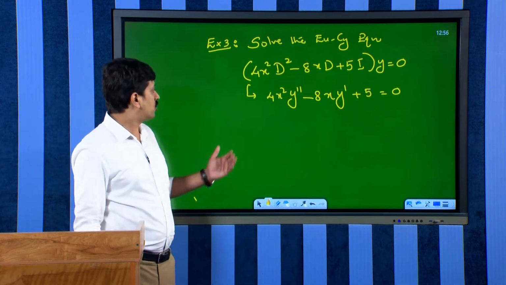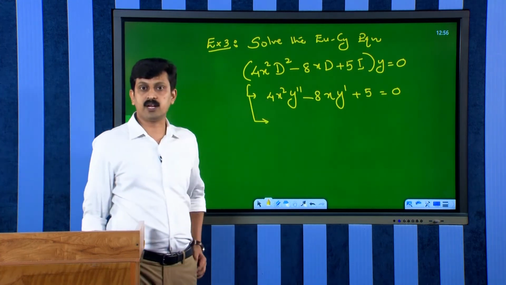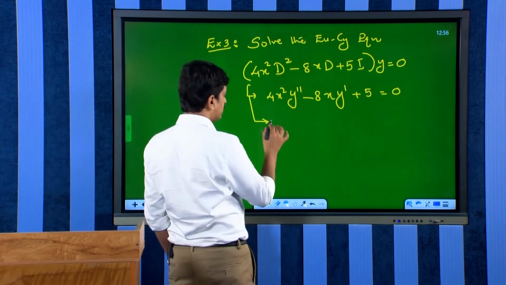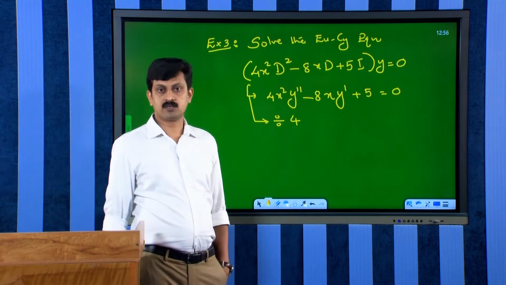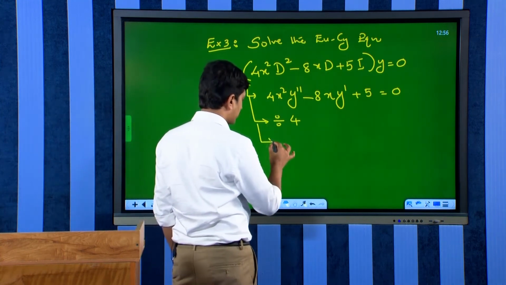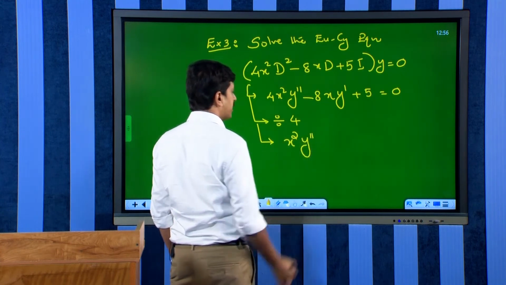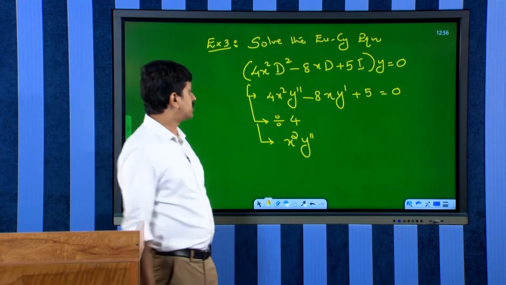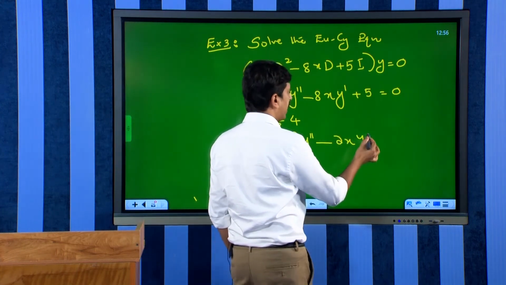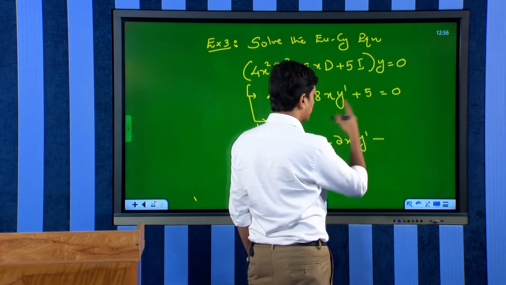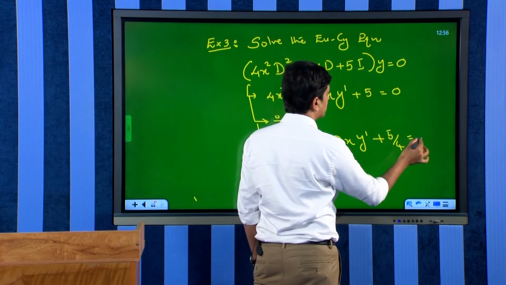Okay. So, to make it the general form of the Euler-Cauchy equation, we just divide the entire equation by 4. So, we will have the equation as x square y double dash plus minus 8 by 4, that is minus 2 x y dash, plus 5 by 4 y is equal to 0.